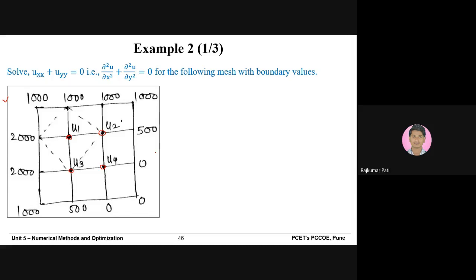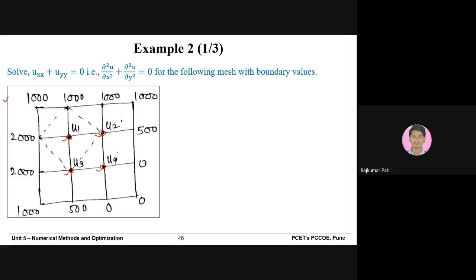So you cannot apply any symmetry rule for this, and independently you need to prepare the equations for u1, u2, u3 and u4. But while preparing the equations, there is a question whether to go with the diagonal 5-point formula or the standard 5-point formula.